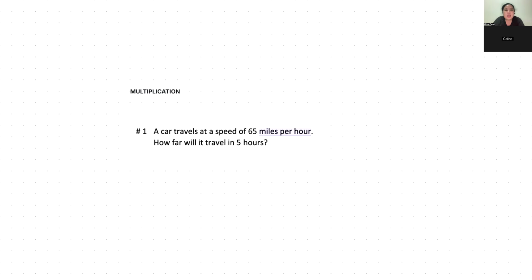So it says a car travels at a speed of 65 miles per hour. This is how we're going to write it. The car's speed is 65 miles per hour.